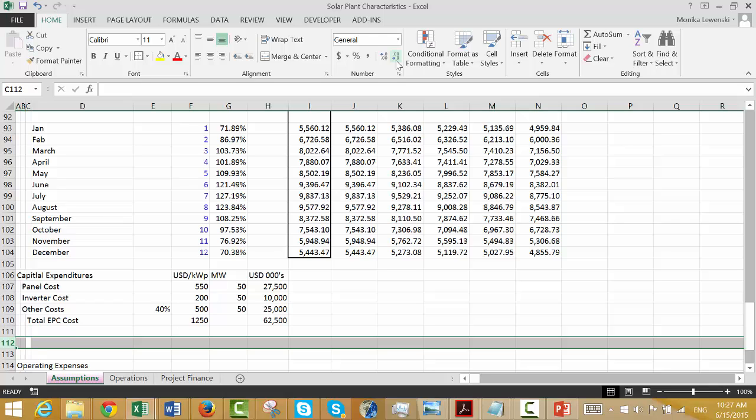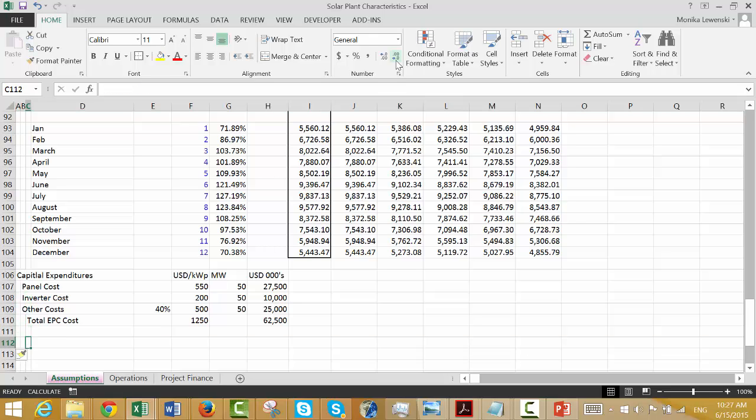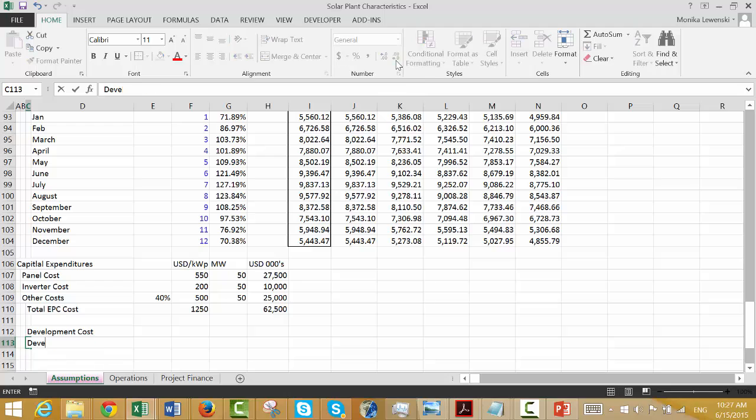Okay, let's put development costs, development fee. And then finally the owner's cost. And I don't really know what this would be. Let's say this is 1.5 million.